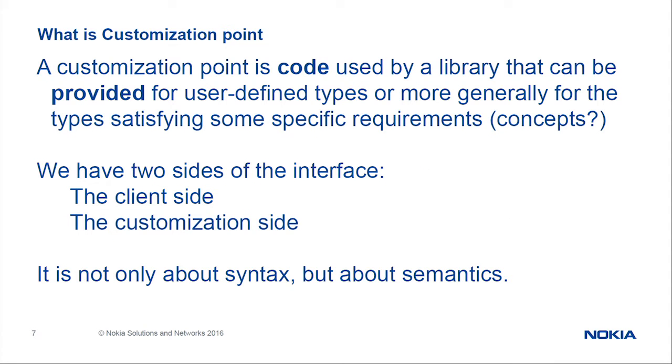I believe that a customization point is something more than a function. It is anything, any code that is provided by a user in order to make a generic algorithm work. It's something more specific. Not only functions, it could be types, it could be constants, it could be something else.